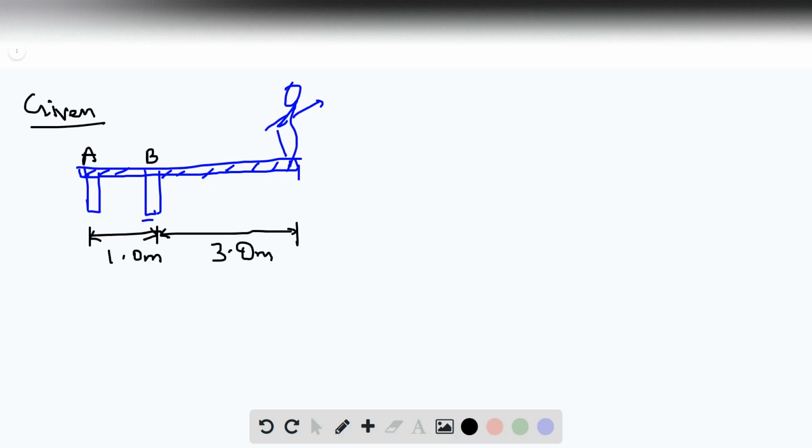Another piece of information that we're being given is the fact that when the diver bounces off on the board, the torque to the diver is 1,800 Newton meters.